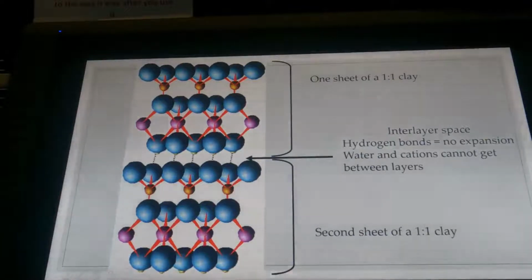So here we have this being the tetrahedral layer, and this being one octahedral layer, so a 1-to-1 clay. And remember now, we're talking microscopic. They had to look at this underneath a scanning electron microscope to determine this clay structure. So they're very small.